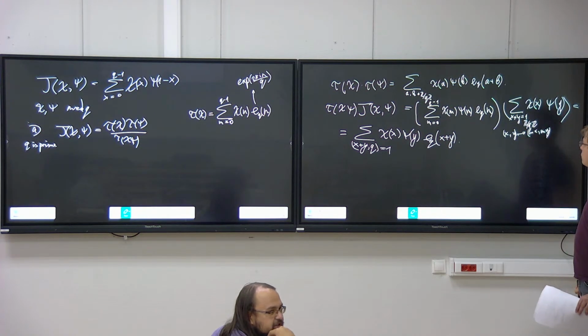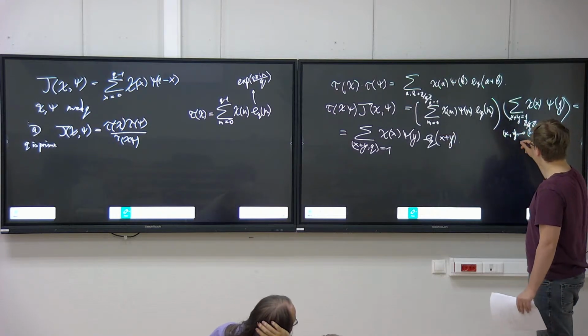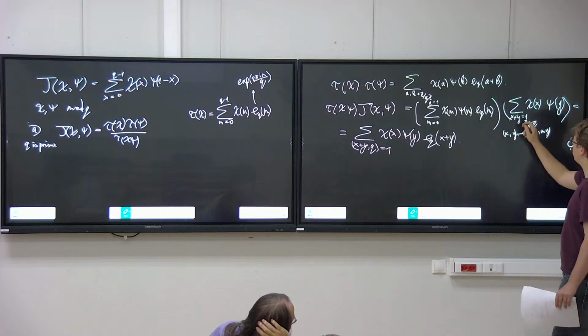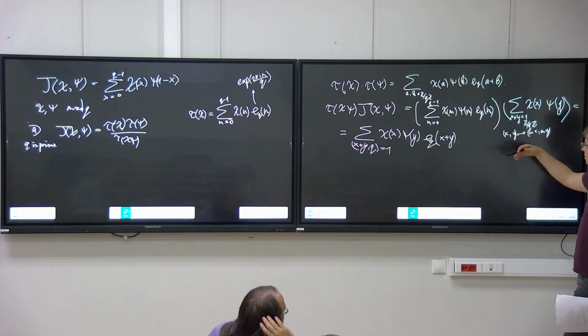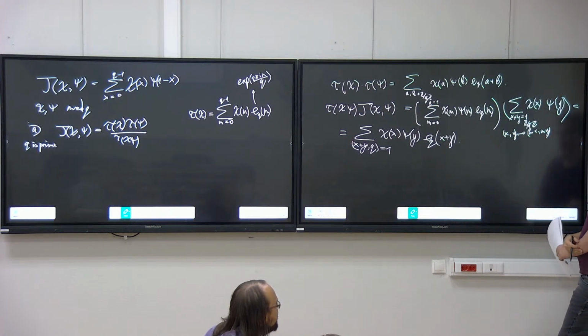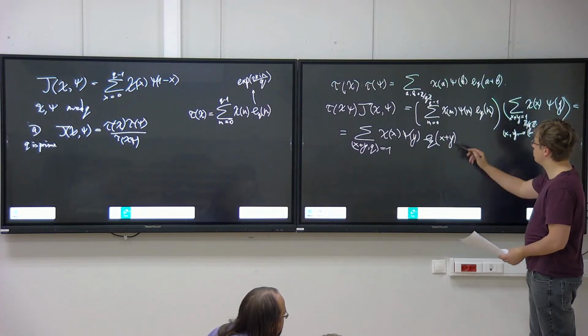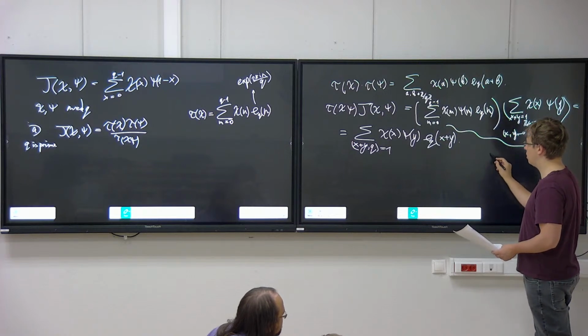Is this transformation clear? Here we change x and y to mx and my, so just multiply everything together, and you get chi of mx, psi of my. And if m is coprime to q, then this is a bijection.